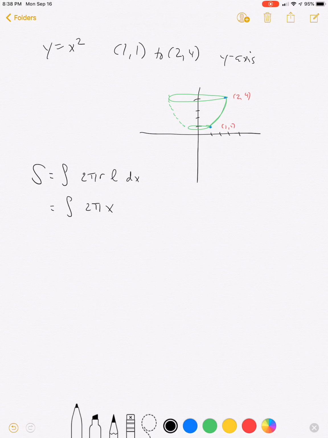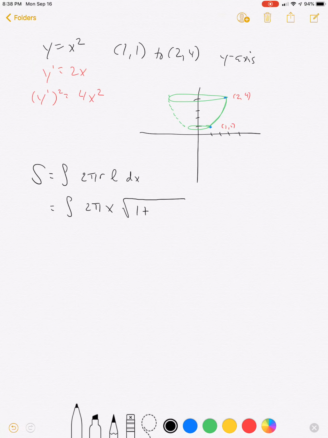And the L part, remember the arc length, is the square root of 1 plus the derivative of our function squared. Going back up here, y prime is 2x, so y prime squared would be 4x squared.